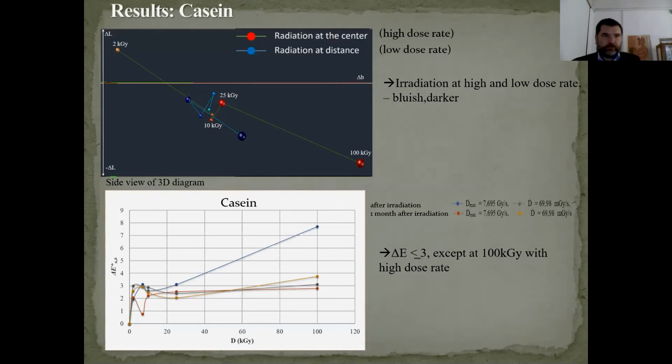Casein. Colorimetry of casein showed that irradiation at high and low dose rates moves the color to a bluish and darker area. Delta E is also less than 3 and it is acceptable.